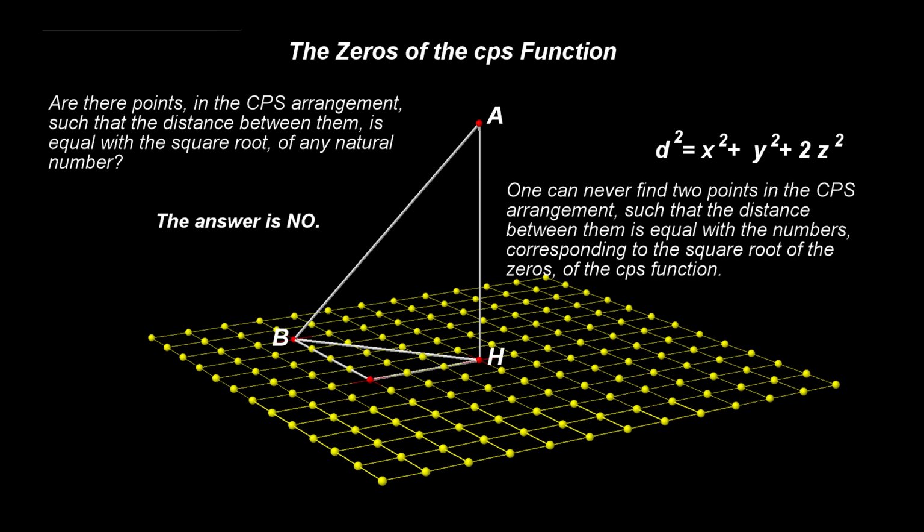We are now in the position to answer our initial question. Are there points in the CPS arrangement such that the distance between them is equal with the square root of any natural number? The answer is no. One can never find 2 points in the CPS arrangement such that the distance between them is equal with the numbers corresponding to the square root of the zeros of the CPS function.